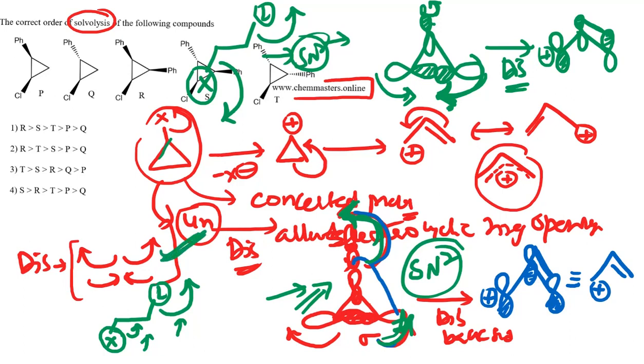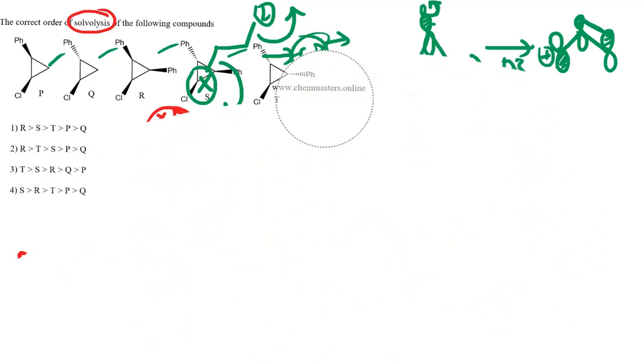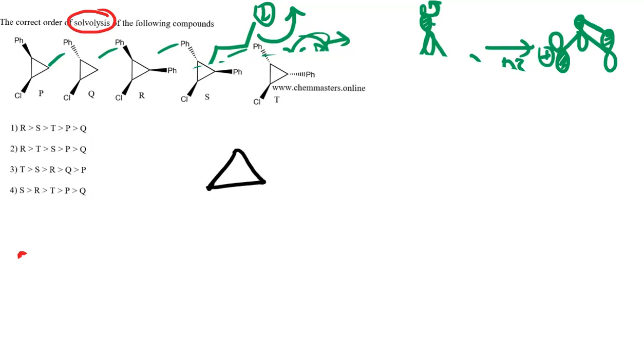Now which sense of disrotation is favored here for the solvolysis of the given compounds? The first one. Now we need to apply this kind of disrotation on all the given cyclopropane compounds. Just try to apply it on one or two to give the correct order. Here I'm taking this one, where the hydrogen is at the backside and here is the chlorine.